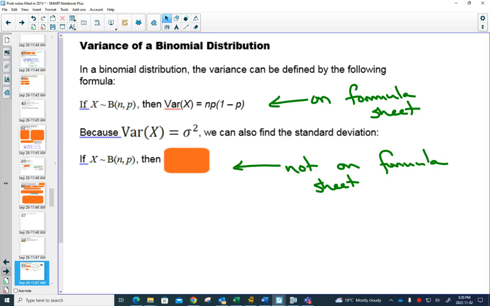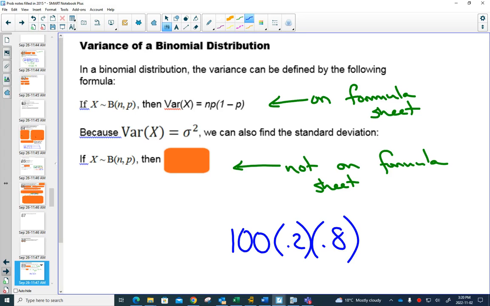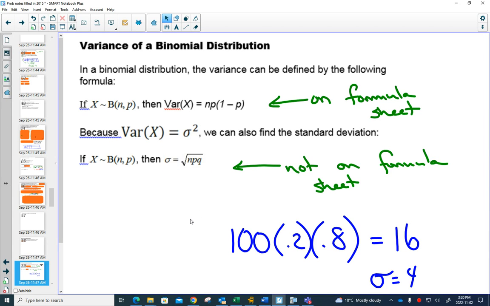So if we did 100 multiple choice questions with a 20% chance of getting them right, an 80% chance of getting them wrong, this would tell us that our variance would be 16, which we could then take the square root of and find out that our standard deviation would be 4.